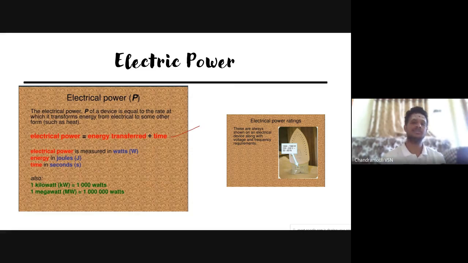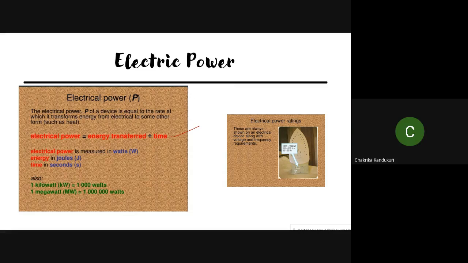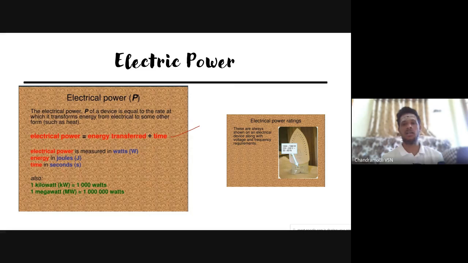Energy transfer is nothing but work. Electric power is measured in watts, electric energy is measured in joules, and time is measured in seconds. 1 kilowatt, how many watts?